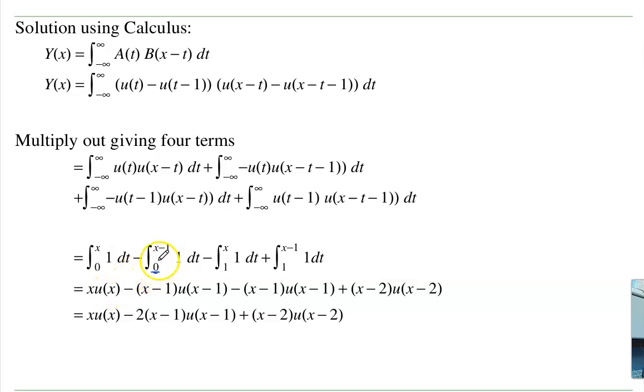Integral between 0 and x minus 1 is x minus 1, providing that x minus 1 is bigger than 0. Integral of 1 between 1 and x is x minus 1, providing x is bigger than 1. And the integral of 1 between 1 and x minus 1 is x minus 1 minus 1, x minus 2, providing x is bigger than 2.